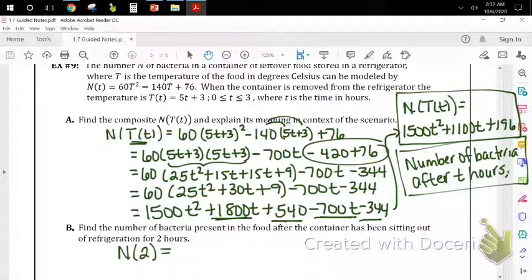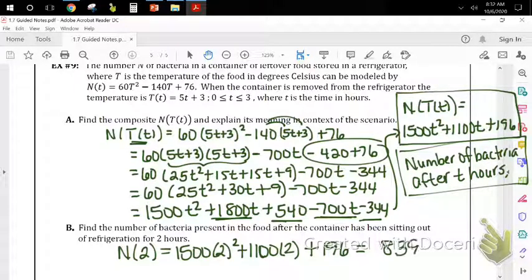So we're going to use the equation we just found, and we're going to plug in 2. So we got 1500 times 2 squared plus 1100 times 2 plus the 196. And so when we solve that, we get 8,396 bacteria as our solution.